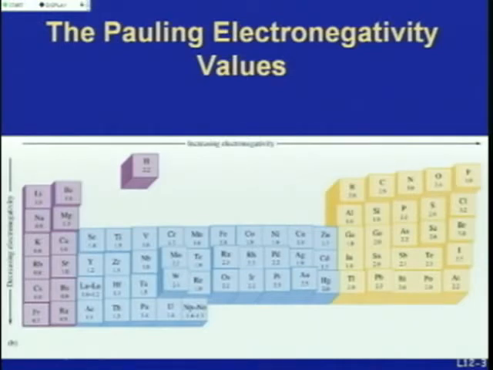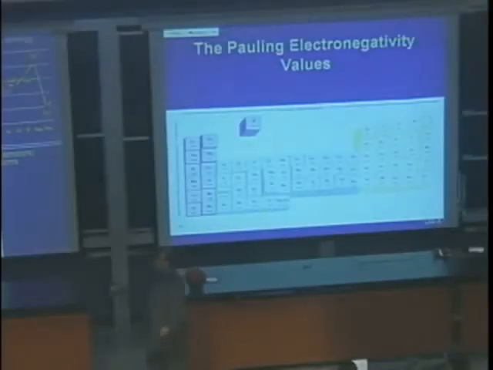So this is the principle of electronegativity. Each element gets a number, and these numbers are relative to each other. Pauling studied a whole bunch of compounds and studied their bonding.